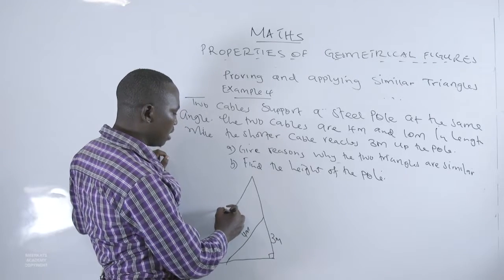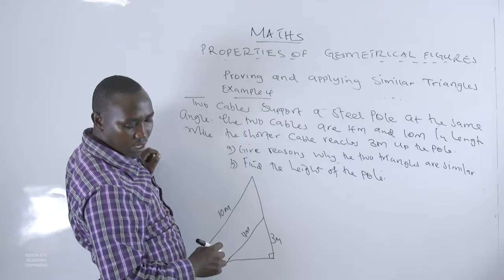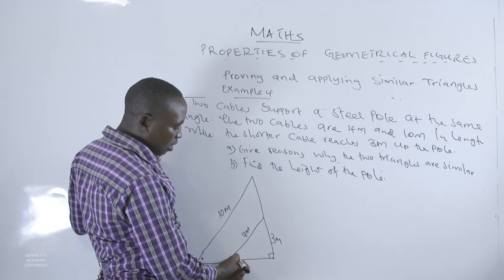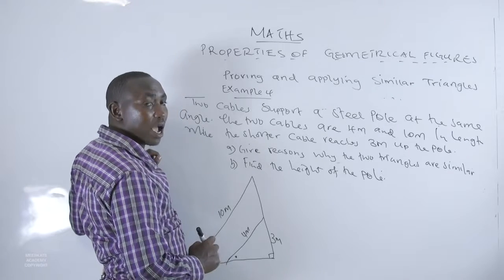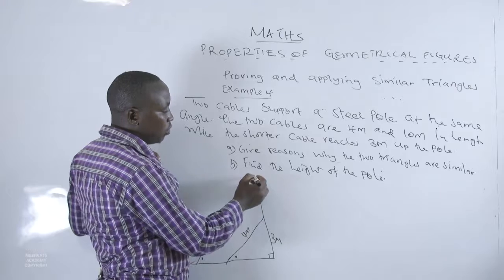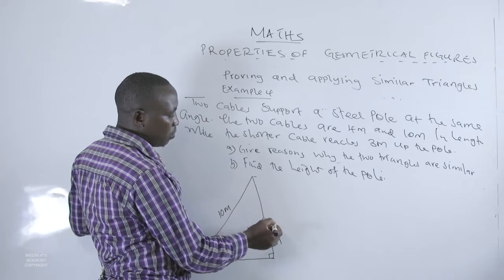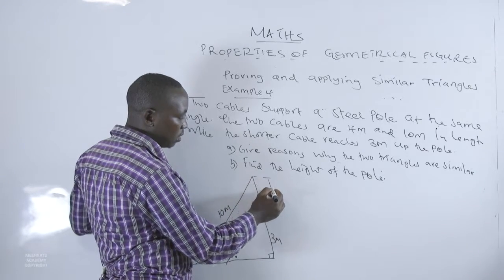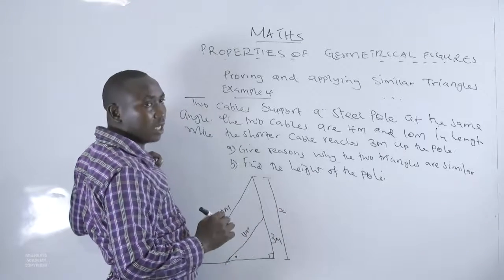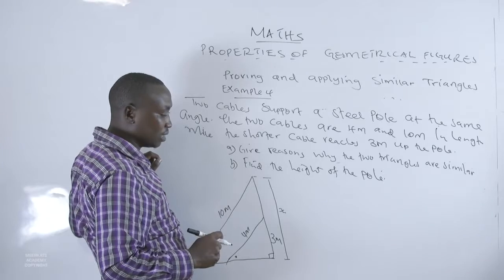Then the other one measures 10 meters. Then we are told that this angle and this angle are going to be equal. So that means we do not know the height of this pole, which we can make to be x meters.